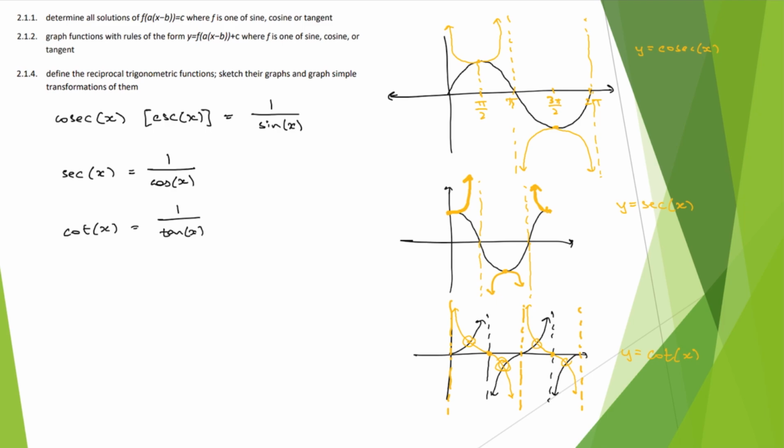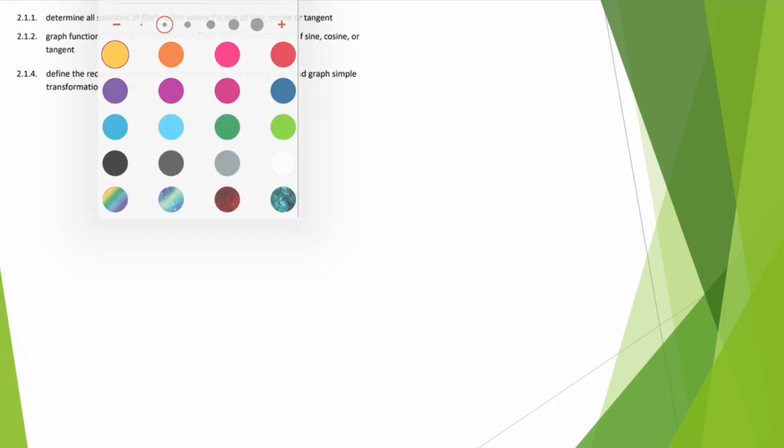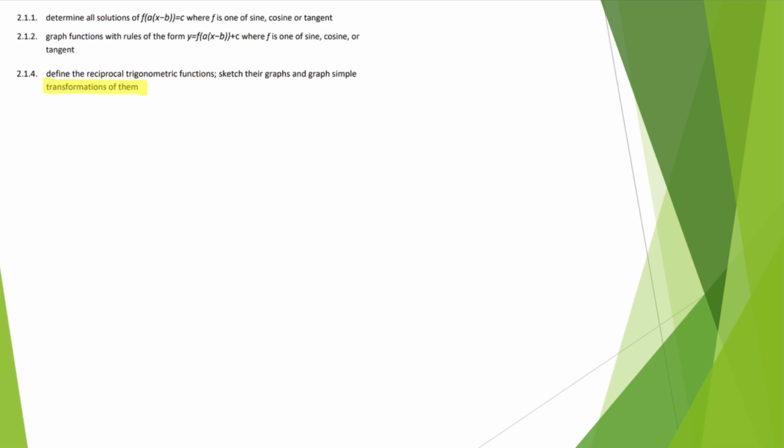Okay, last thing I'm going to do is sketch some simple transformations of reciprocal trigonometric functions. Again, the easiest thing to do is first to graph the basic function, that is sine, cosine, or tangent. So let's say I want to graph the equation of 2 secant of (x plus pi on 4).